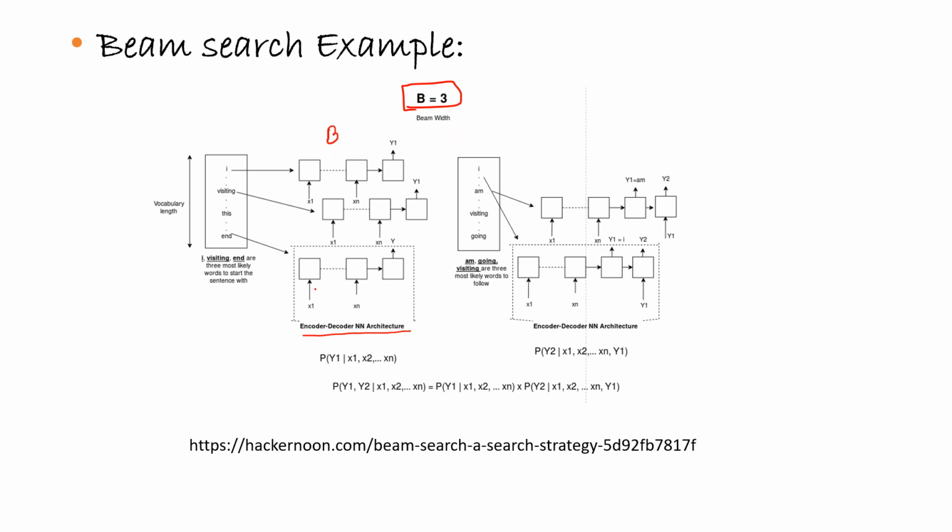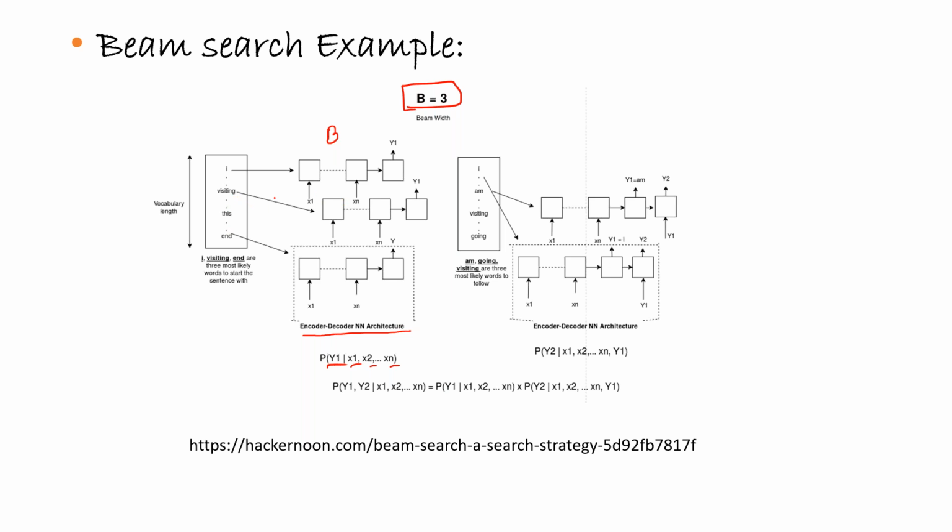These are my beams, and this is an encoder decoder neural network architecture. Whichever I am passing in, p of y1 given x1 x2 xn, whichever has high probability will go to my next layer.